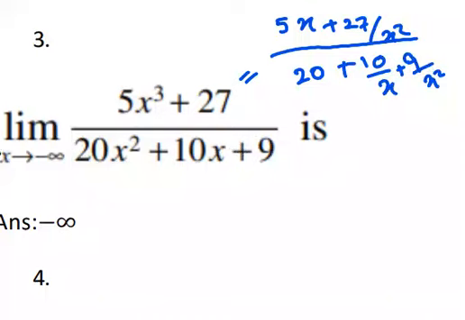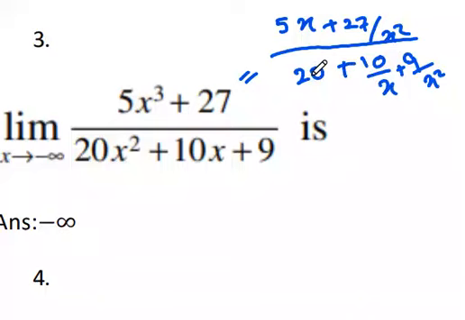Now let's consider x approaches minus infinity. So we know that if you consider this term as your denominator, it becomes a very large number, so this quantity is getting smaller and smaller. As x tends to minus infinity, this quantity approaches 0, this quantity approaches 0, this one also approaches 0.